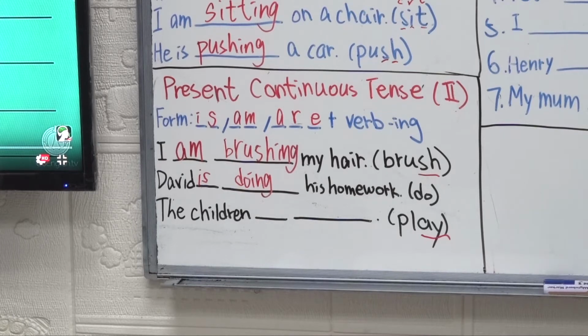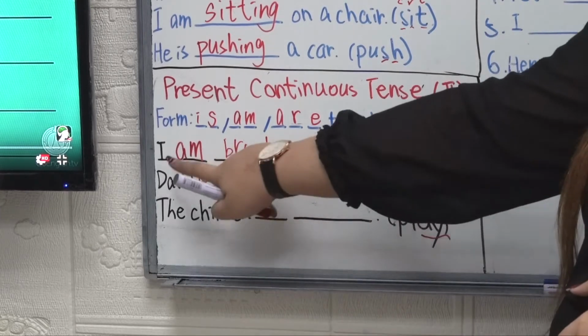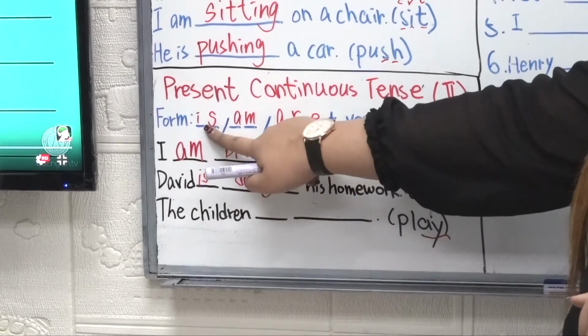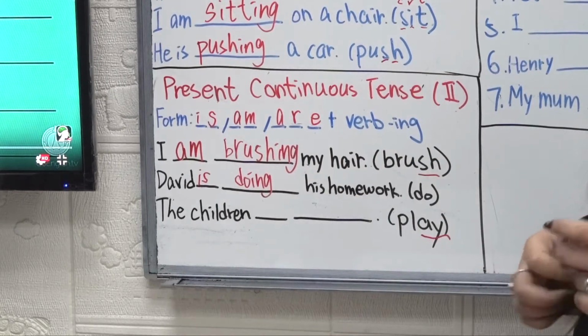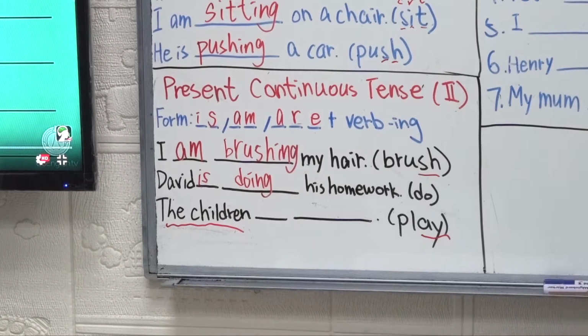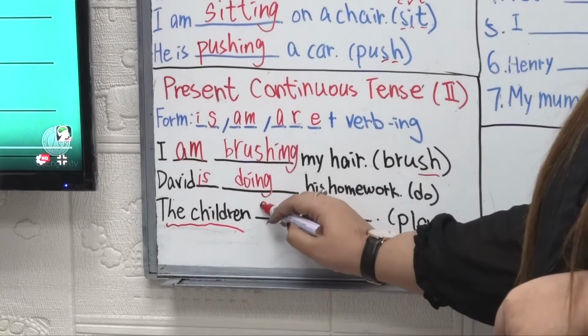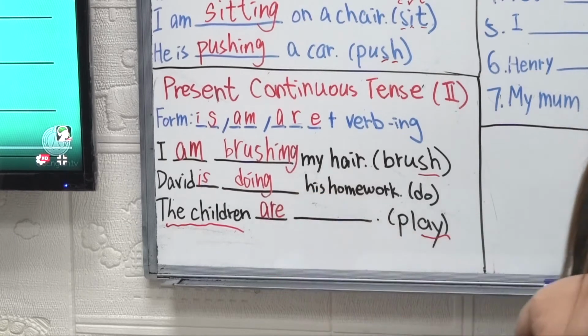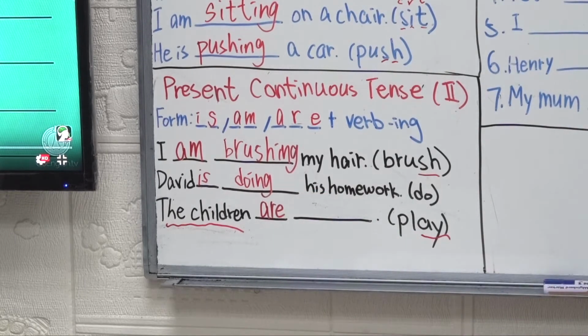Do we say the children am? Remember, am is only followed with the subject I. So it should be is or are, right? As I told you, children is referred to more than one. So that should be are, okay? The children are playing. Alright.